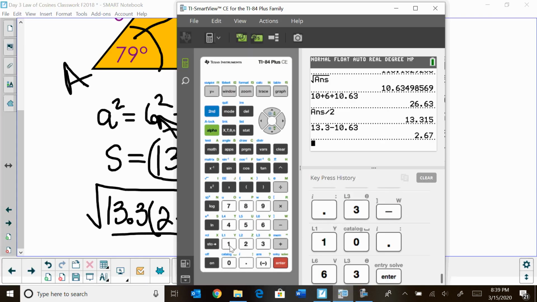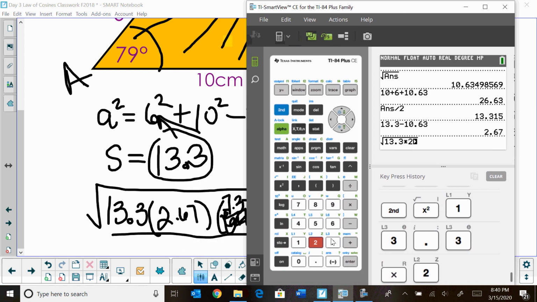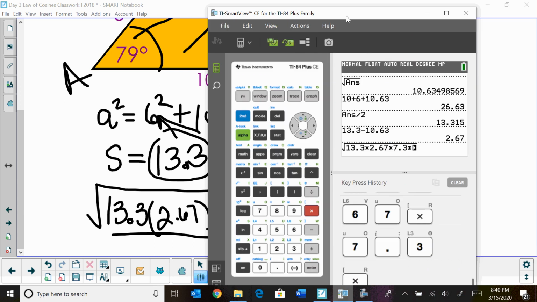So we're going to take 13.3, or let's go ahead and put our square root in. We'll just do it all in one step. 13.3 times 2.67 times 7.3 times, what was the last one, 3.3? 3.3.